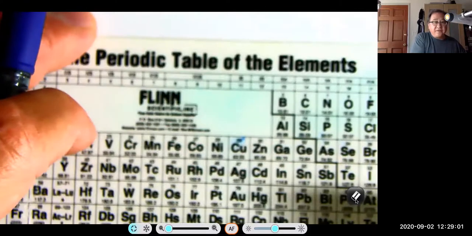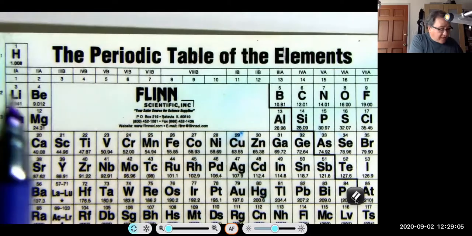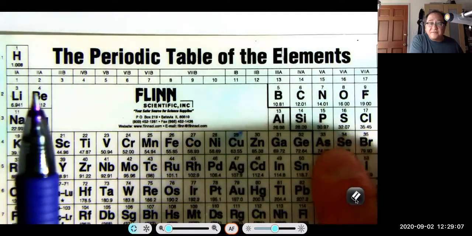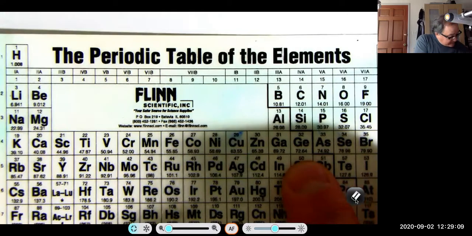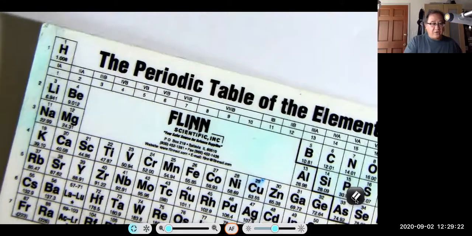So the phosphorus is right here, and I'm going to write this down. P, 15, 30.97. And I'm going to take this card away and zoom out so you can see what I have written.